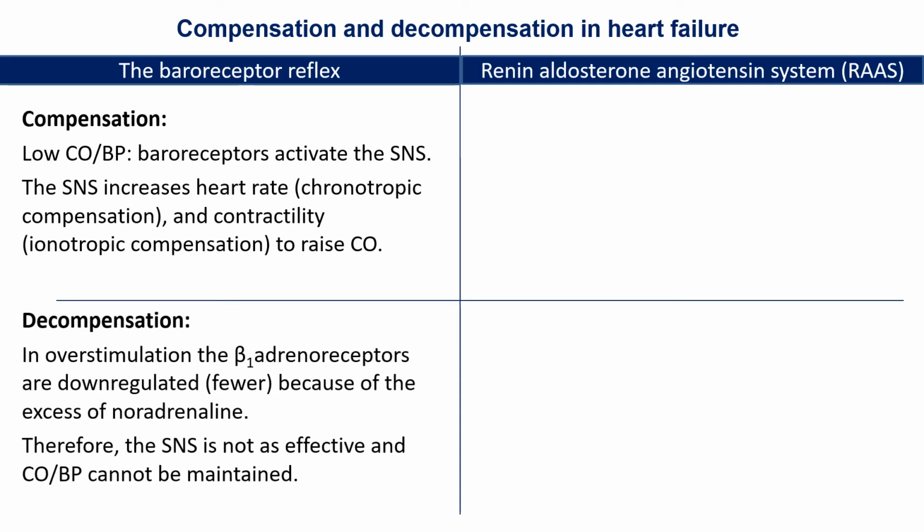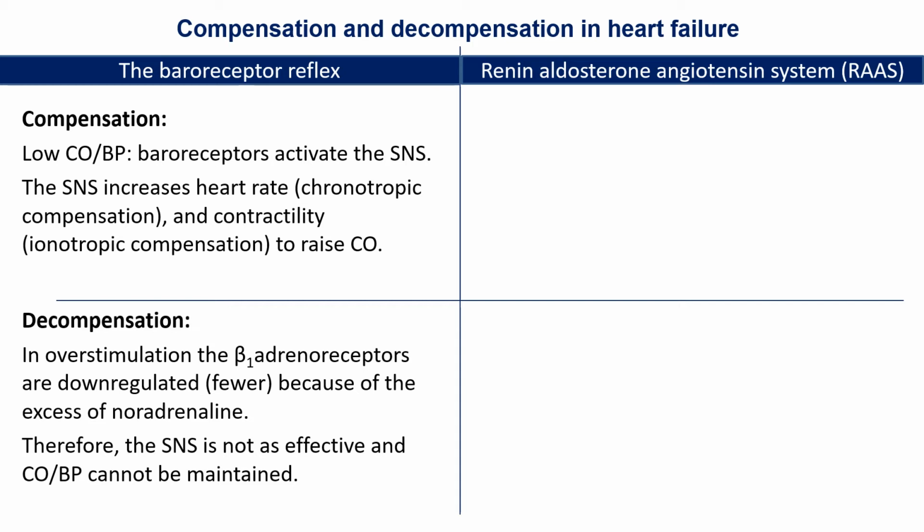That's all great, but the problem is if you overstimulate something, so we've got all this noradrenaline floating around from our sympathetic efferents, binding to beta-1 adrenoreceptors in both those mechanisms, the myocytes themselves will feel a little under pressure, a little overstimulated.